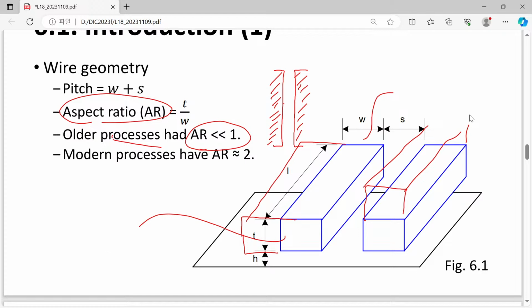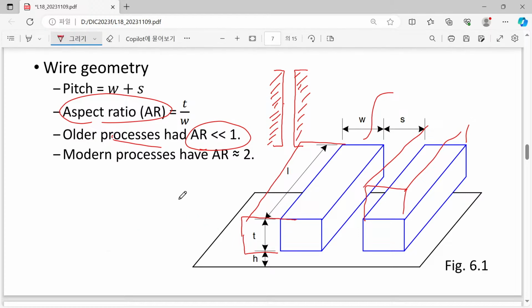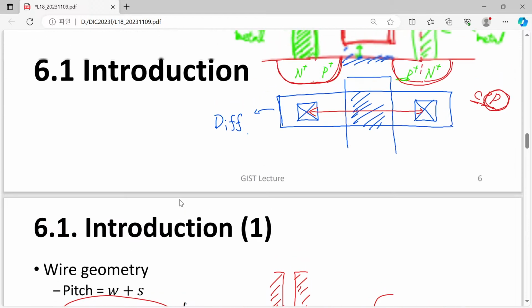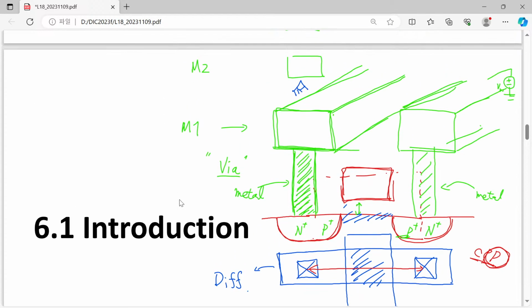However, which way is more preferred for your scaled device? That is my question. If you have this wide one, it's equally good. But the point is, now you are consuming more silicon area to send a signal. It means that we are doing our best to minimize the size of transistors. Why?